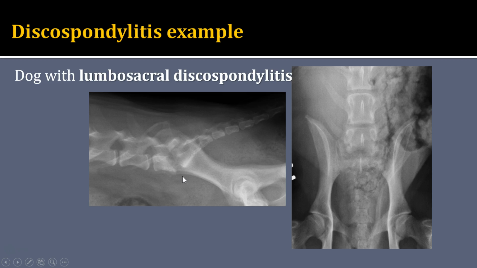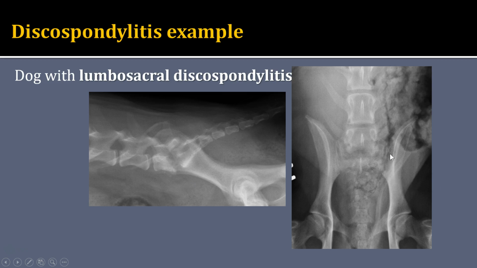And this is going to be distinguished from just lumbosacral disease and instability because that process should not have this type of lysis. Maybe we'd see some spondylosis deformans, maybe we'd see some narrowing of the intervertebral disc space if the disc was herniated, but we are not going to see the lysis and this active proliferation.